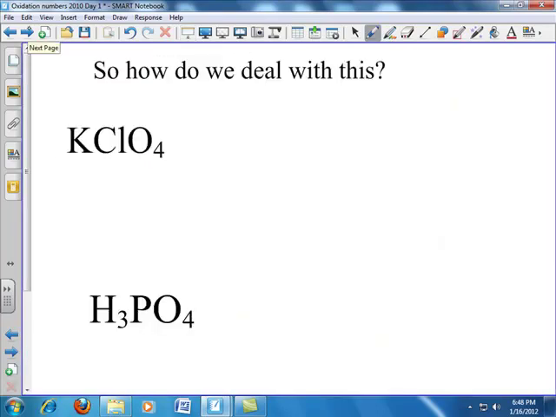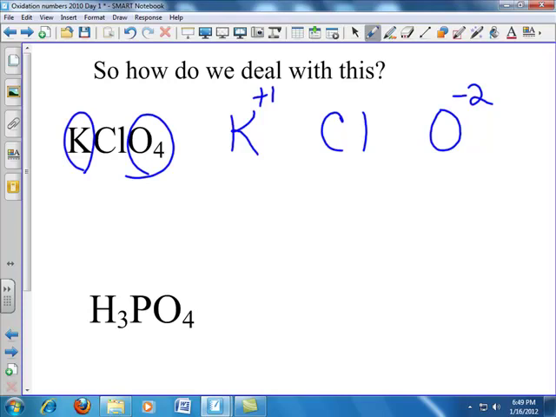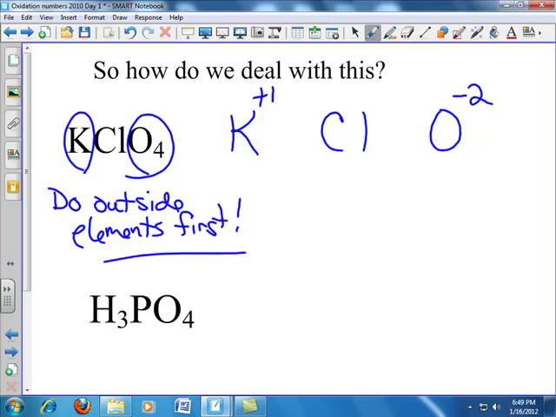Okay, so this is the fun one. How do you deal with this? I want to know the charge of each and every element in this compound. And I want to know the oxidation number of it. Well, oxygen we know is always -2. Potassium we always know is +1. So when you have these compounds, what you should do is the outside elements first. That will help.